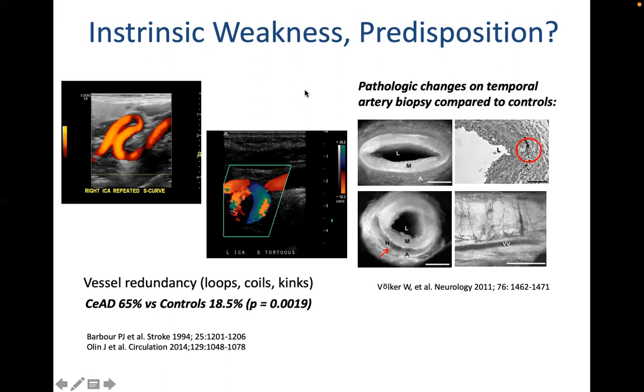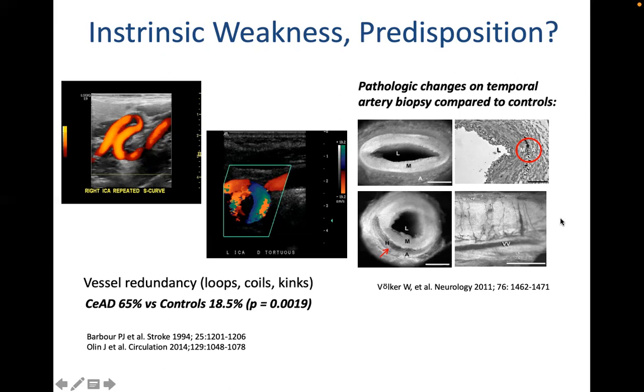Additionally, there's some pathologic findings on temporal artery biopsies that suggest that the arteries overall are not normal in patients with cervical artery dissection. Temporal arteries run across the forehead area and they're easily biopsied. So this study looked at patients with cervical artery dissection, and the controls were motor vehicle accident patients.